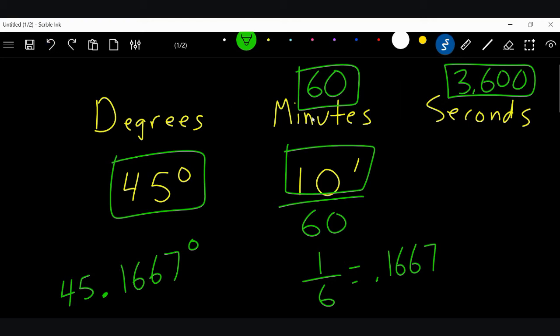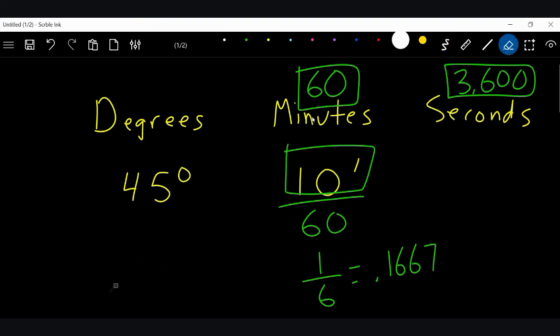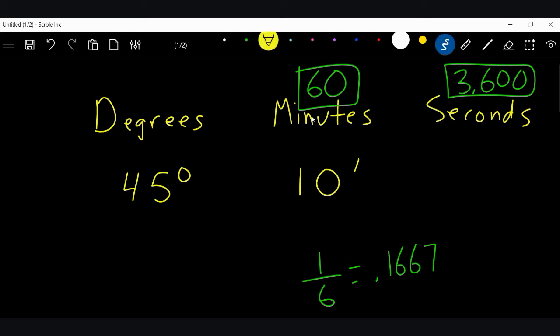So now, if we have minutes, we would take this. Let me erase this and go back to this. We've already done this one, so I'm going to leave that there because we already did the minutes. And then let's say that the seconds are 800 seconds, and we put two quotation marks there.